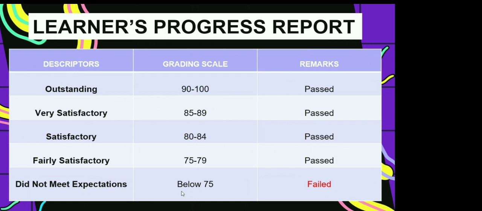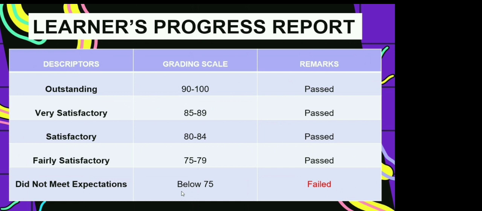If the learner receives a transmuted grade of 80 to 84, then that is equivalent to satisfactory and the student's remark is also pass. Next, the learner receives a transmuted grade of 75 to 79, then that is equivalent to fairly satisfactory and the student's remark is also pass.